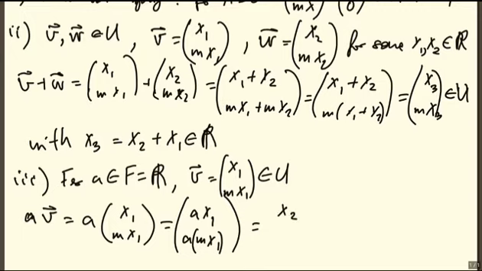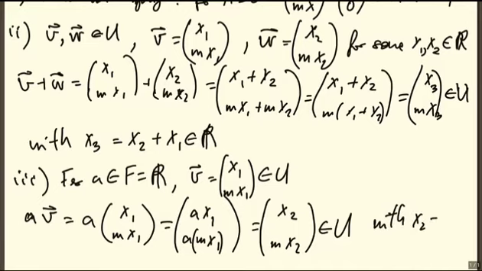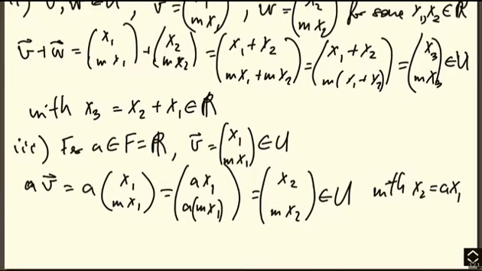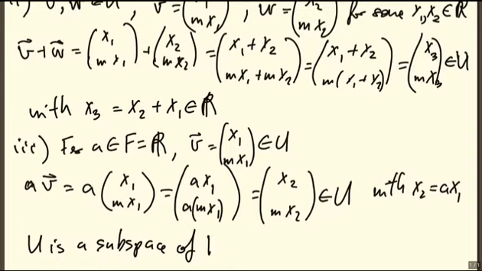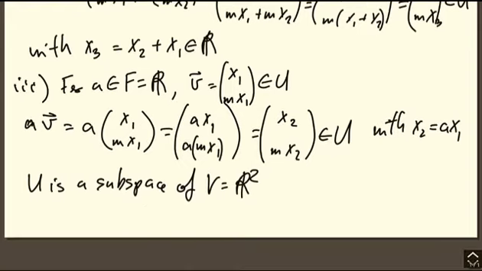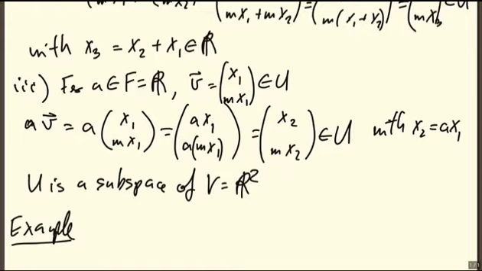So then we get the (x2, mx2) form, which is in U according to the definition of U, with x2 in the form of a x1. So that would be the rigorous proof that U is a subspace of V in R2.